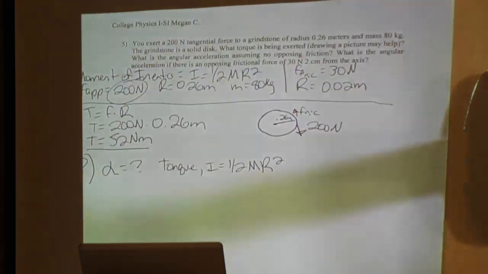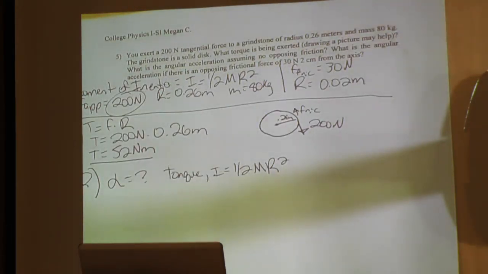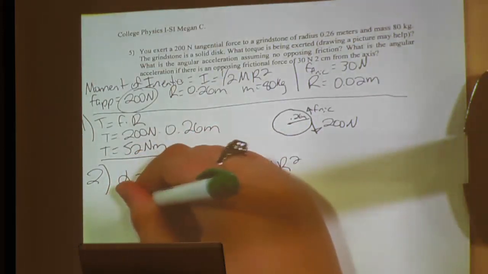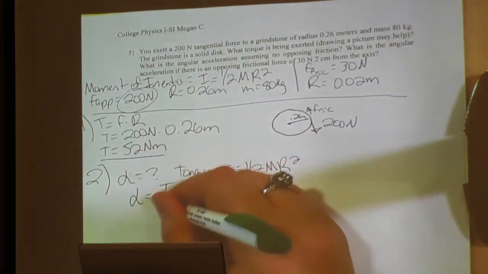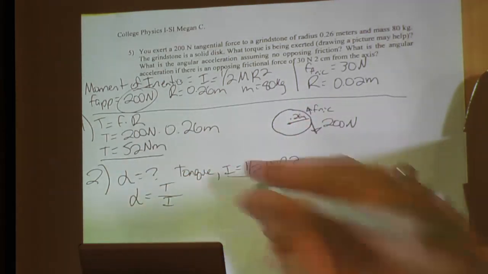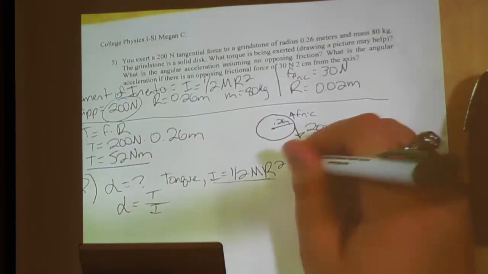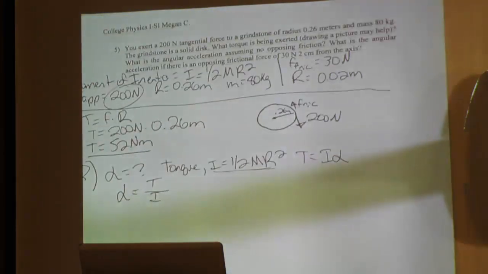So it's another pretty easy one, a little bit more involved just because you have to know the moment of inertia equation. So this is going to be equal to torque over I. And again, the equation that she gave was torque is equal to I times angular acceleration. So I just rewrote it.